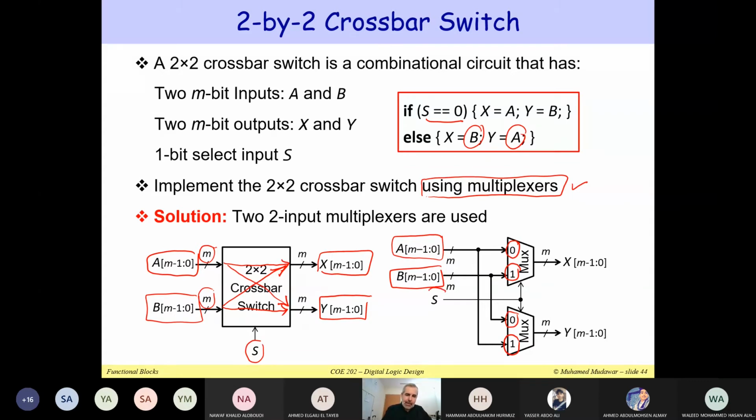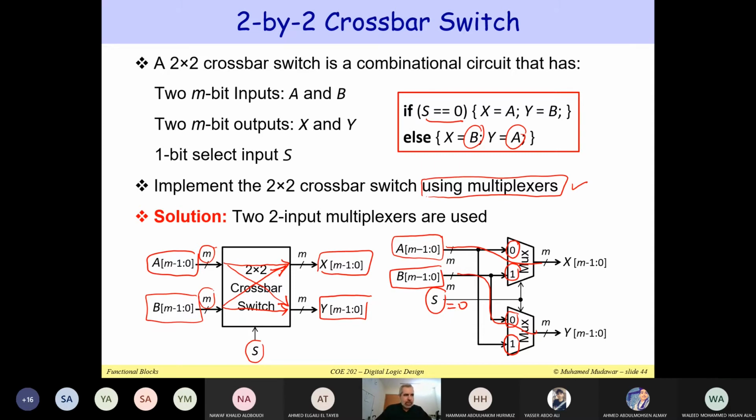Now S is used for selection. So when S is equal to 0, then X becomes A and Y becomes B. On the other hand, if S is equal to 1, then X becomes B and Y becomes A. So we have basically switched the outputs.